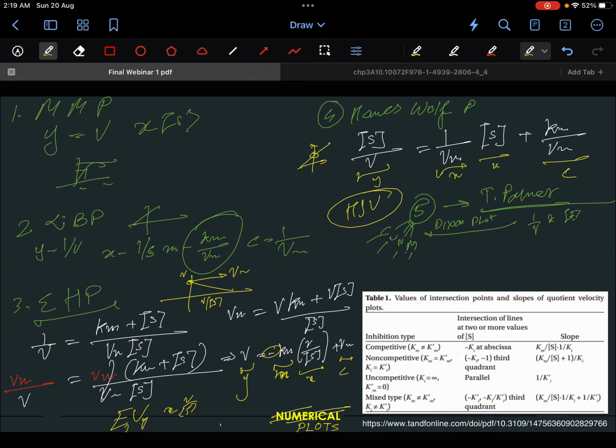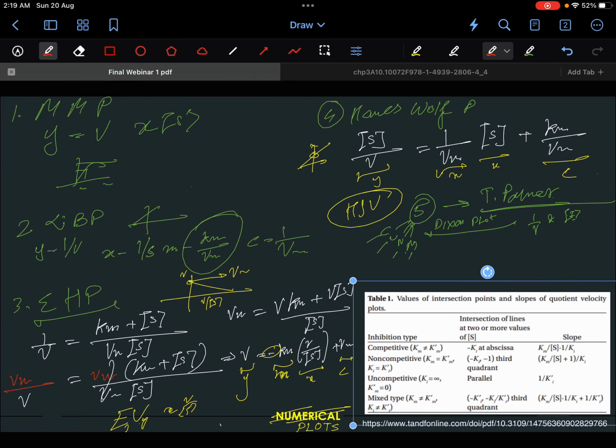तो यहाँ मैंने एक table दे दिया है. If someone is interested, you can see that like for competitive this is the like intersection of two or more values of S, and this is the slope. For non-competitive, this is the slope. For uncompetitive, this is the slope, and like flattened, yeah, for mixed, and this is the slope. Okay, so you can also visit this website if you're really interested in Dixon plot.